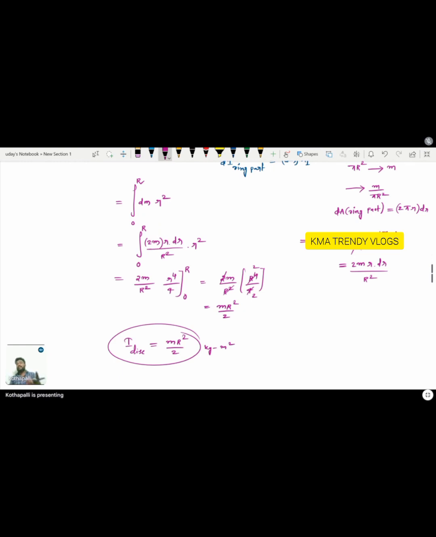Okay, so now finally, the overall conclusion. If we see, the moment of inertia of a rod about its end, about its center, and at an angle theta perpendicular to its length. Total 4 cases we have seen in the rods itself. And the moment of inertia of a ring about its own axis is MR square. And the moment of inertia of a disk about its own axis is MR square by 2.